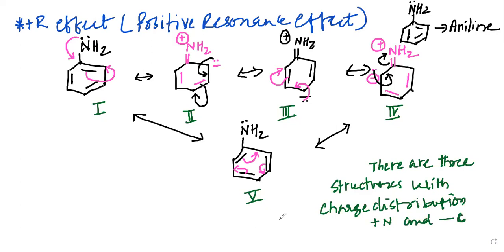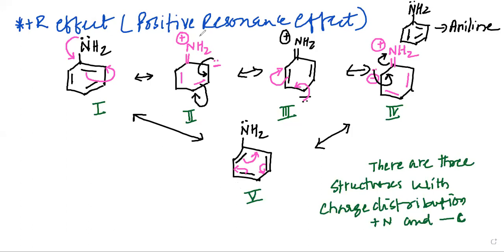So now if you compare, my dear students, you will realize that this is not according to the rule of resonance, and that is why canonical forms number 2, number 3, number 4 are going to be the least contributing structures. So structure 2, structure 3, structure 4 will be contributing very little, and structure 1 and structure 5 will be contributing to a greater extent into the hybrid structure.